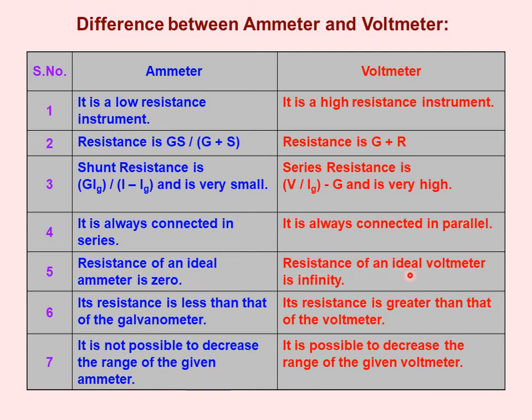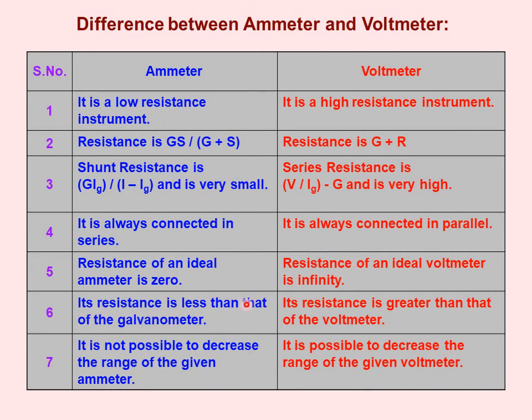Then the resistance of an ideal voltmeter is infinity, because here we have to block the current in order to measure the potential difference. So if you block the current, that's why we have to apply infinite resistance. That's why we are connecting shunt resistance, and that's why we are connecting high resistance in series.